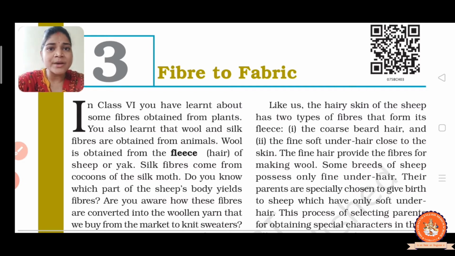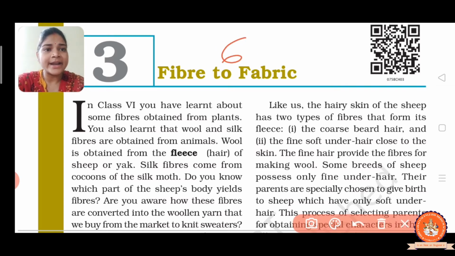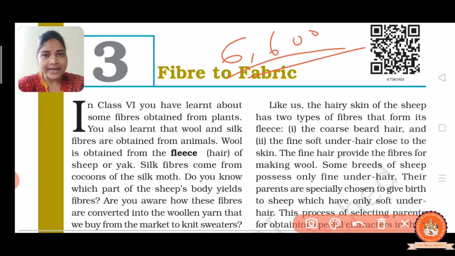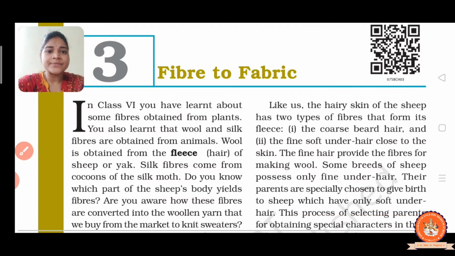The silkworms are boiled alive and then we obtain the silk fabric. Yes, this is true. In fact, to obtain 1 kg of silk fabric, 6,600 silkworms are killed. So this is true.